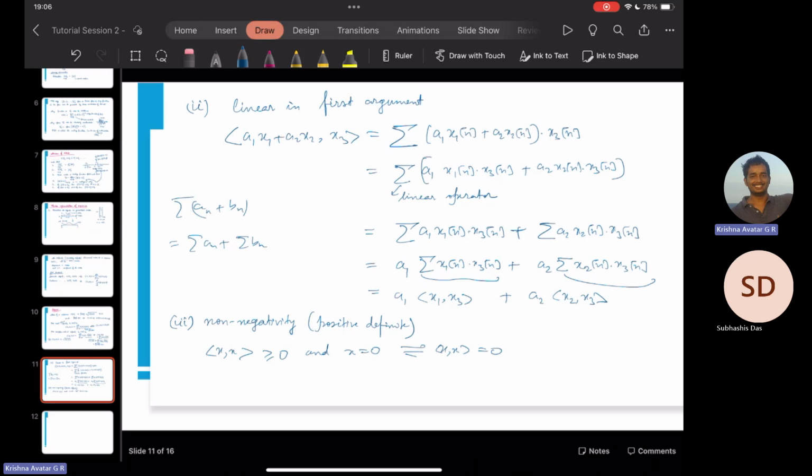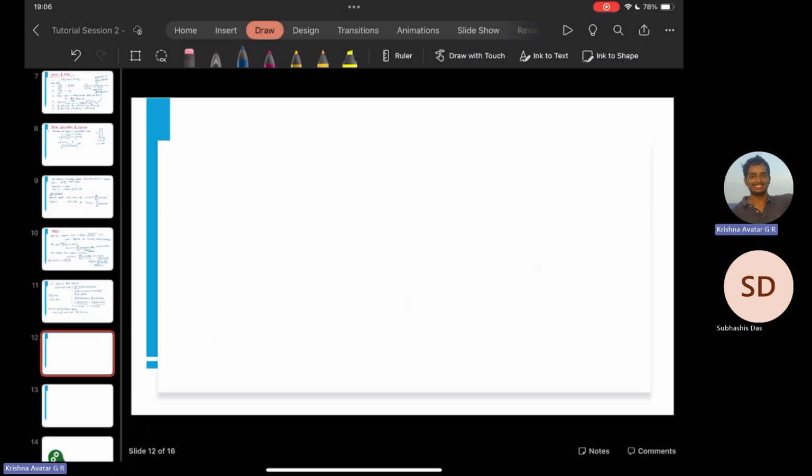Now let's try to understand this as well. Why not prove this fact? So say you have x comma x equal to the summation, where of course we know the upper and lower limits, of x[n] times x[n]. Let's say that this is not equal to 0.